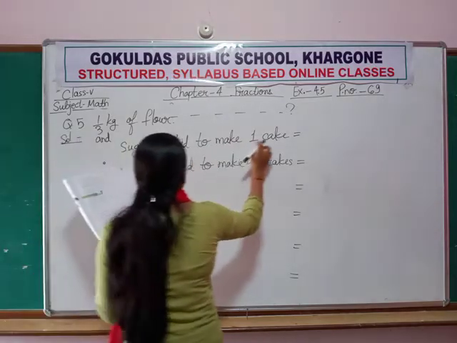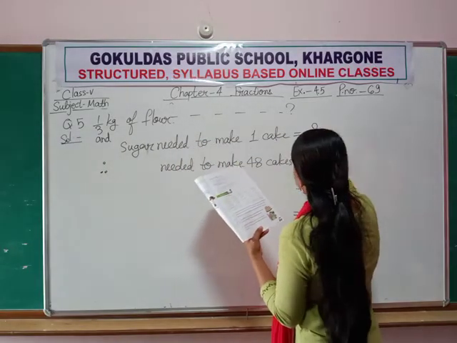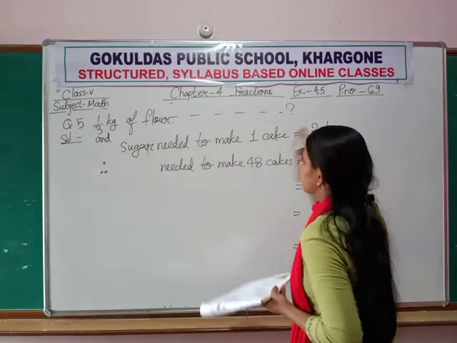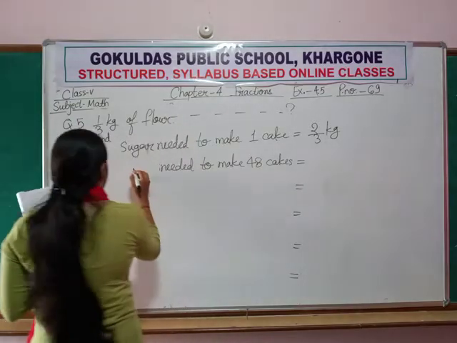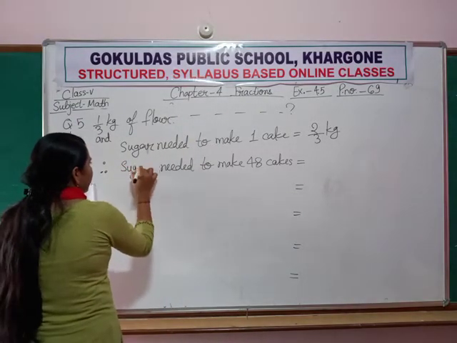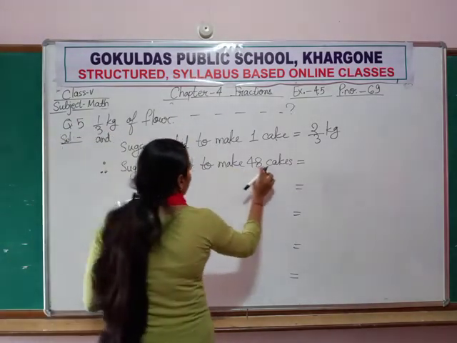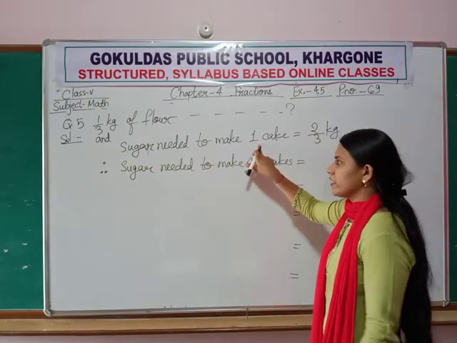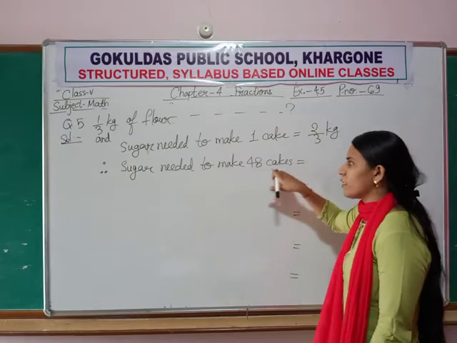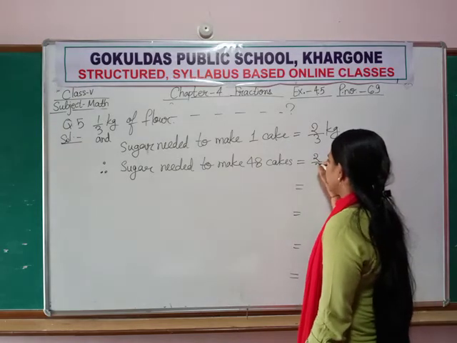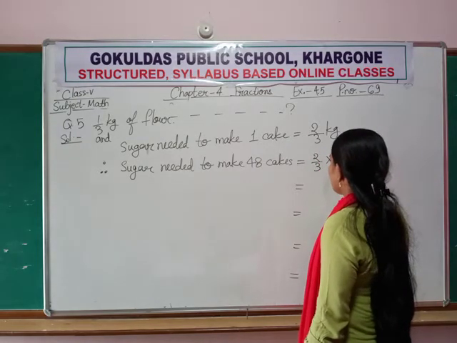Sugar needed to make 1 cake is 2/3 kg. Therefore, sugar needed to make 48 cakes is 2/3 into 48.